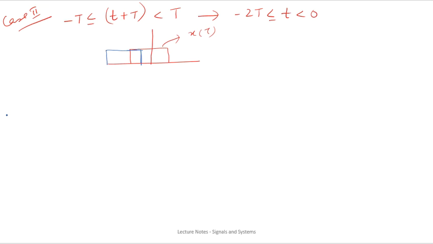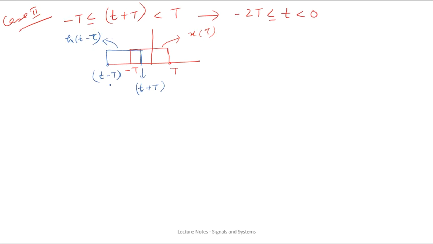Okay, isn't it? So as this is t plus T, this point is in between minus T and T. So these 2 points, this point is minus T, this point is plus T. So this is h of t minus tau.